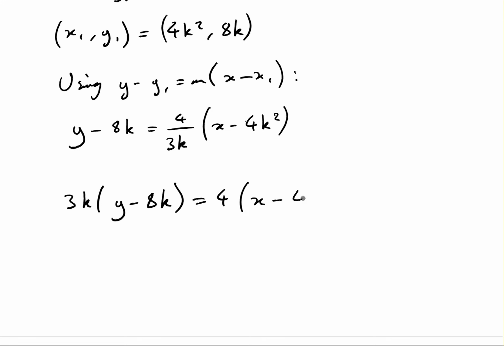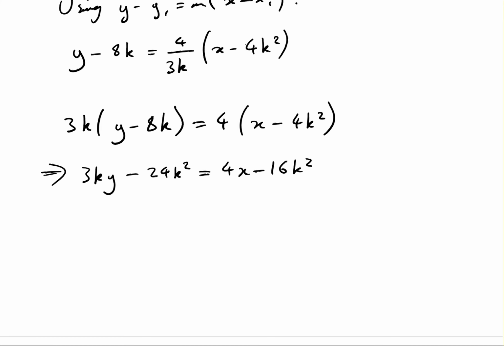Equals x minus 4k squared. So multiply through by 3k. So 3ky minus, what's this? 3 times 8 is 24, isn't it? k squared, k times k, is equal to 4x minus 16k squared.